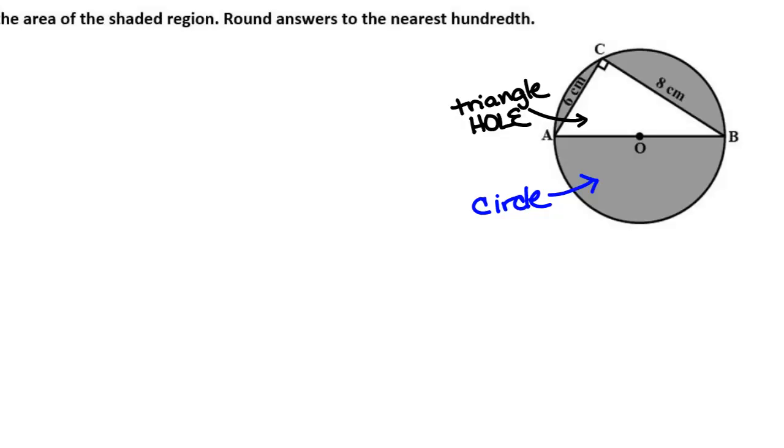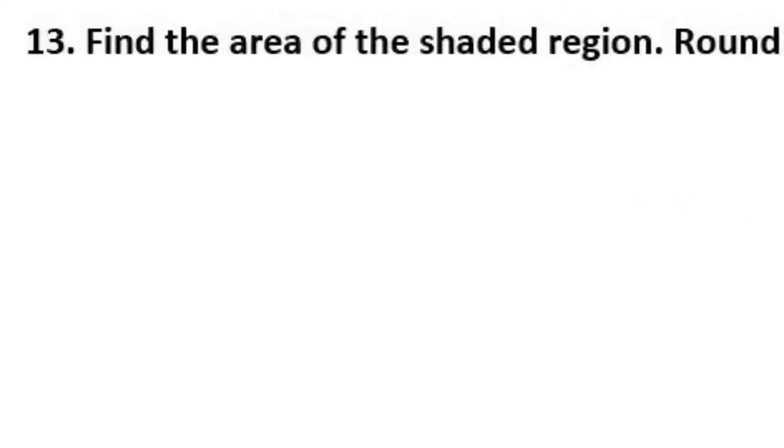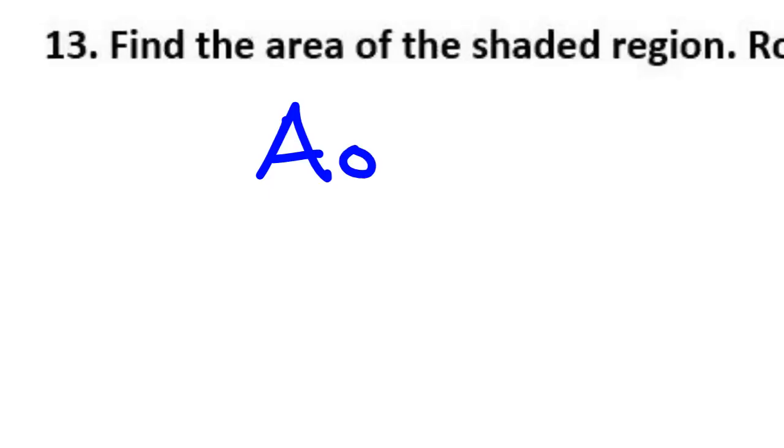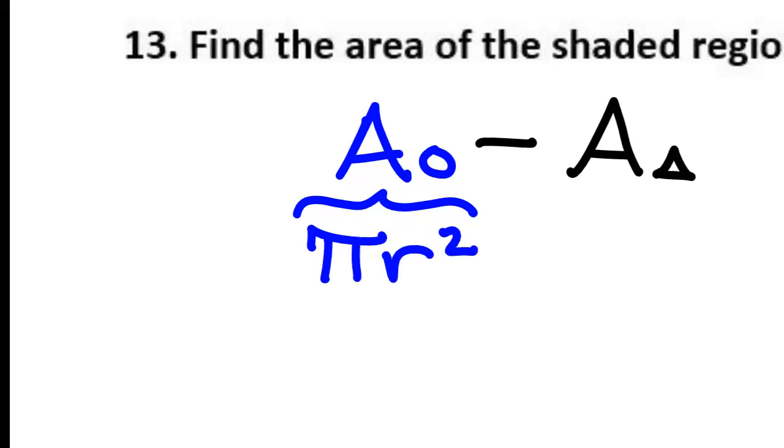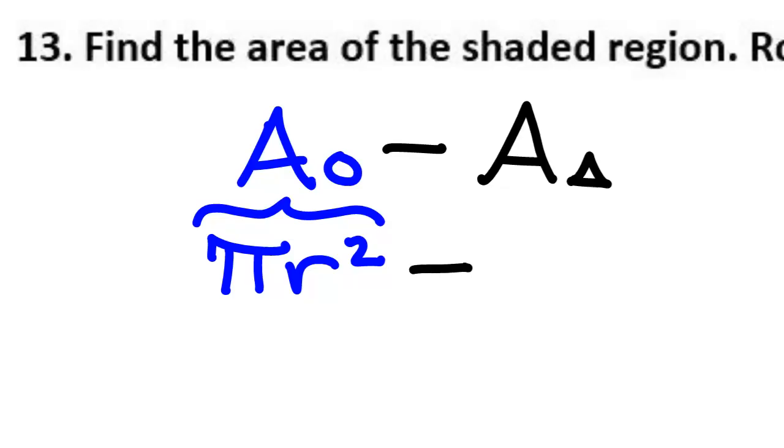All right, so we're going to have to take the area of the circle minus the area of the whole, which is triangle shaped. How do we find area for a circle? Pi r squared. We have two different ways that we can find the area of a triangle.